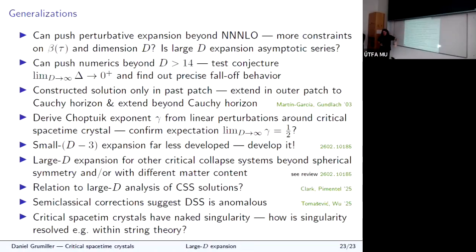Of course, the numerics done by Choptuik is great, but we want to understand why the echoing period is 3.44, and why the Choptuik exponent gamma is 0.36, and so on. To get insights, we take this large D expansion, and the goal is to determine this critical exponent gamma and the echoing period by analytical methods to gain a better insight into critical collapse.